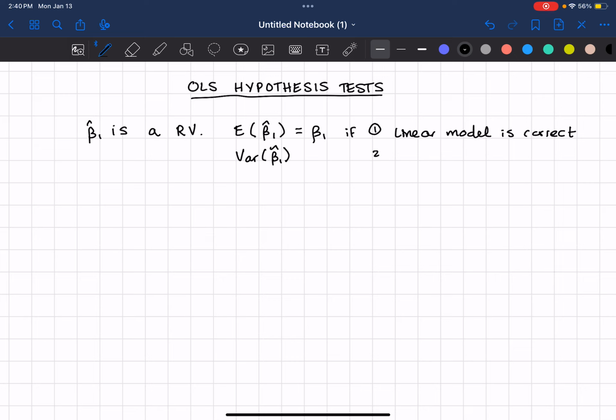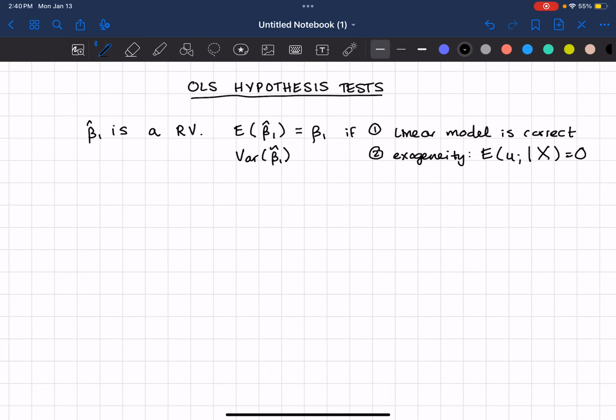And 2, the second assumption is that exogeneity has to hold. Exogeneity, which is defined as the conditional expectation of ui conditioned on big X is 0. And we're going to discuss that assumption, I think, in assignment 2.6. So that's the thing about the expectation of beta 1 hat.